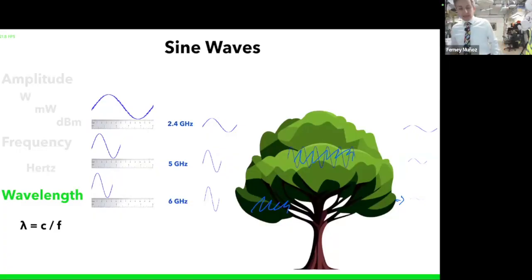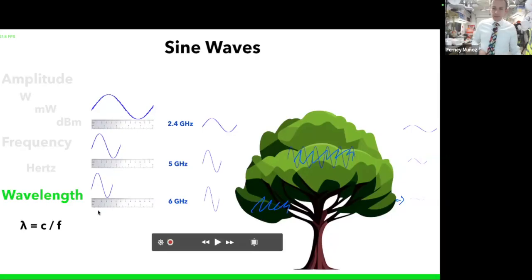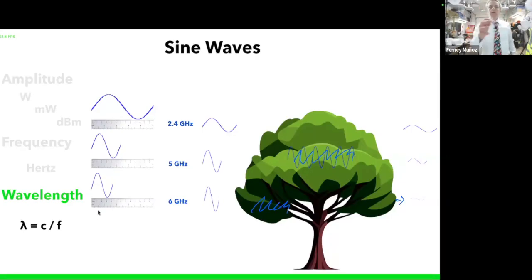Well, a 6 gig antenna is smaller. Hey, where's my pen? Here we go. A 2.4 is bigger than a 5 gig, and 6 gig is even going to be smaller, a 4 centimeter antenna.